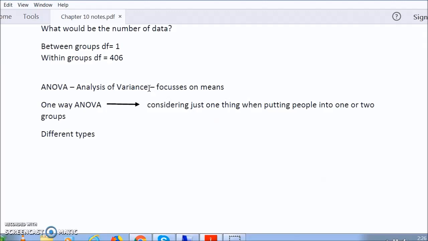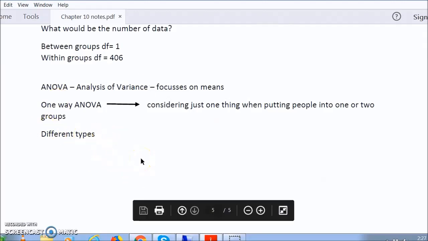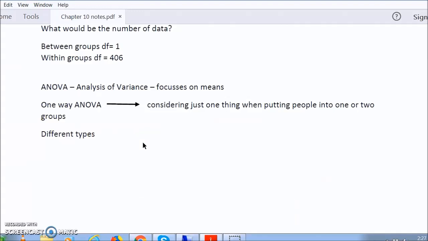So as I said, ANOVA is analysis of variance, and here the words to take care about are one-way ANOVA. There are many different kinds of ANOVA, which is what chapter 11 will cover, but if it doesn't specify which type of ANOVA it is, then it is the one-way ANOVA. One-way ANOVA is related to when you have one independent variable and one dependent variable.